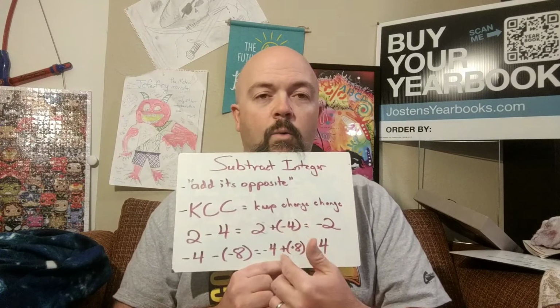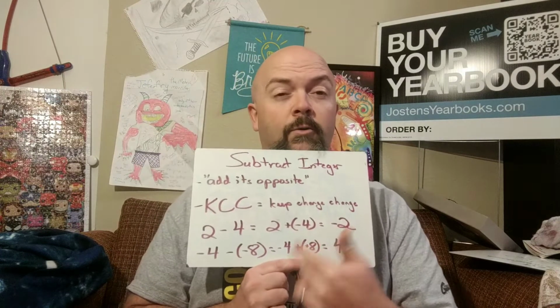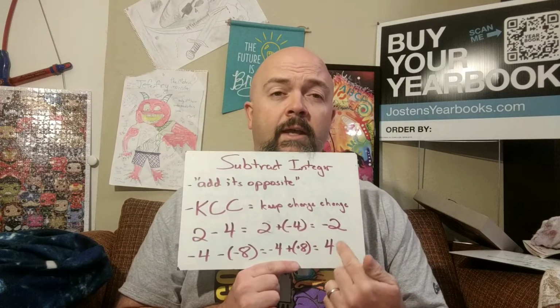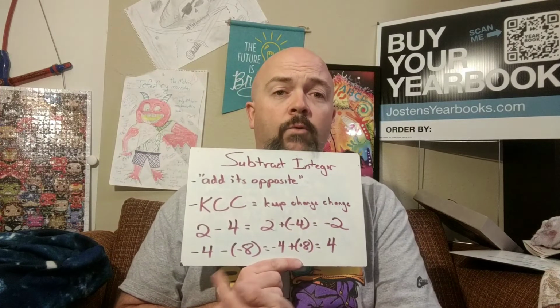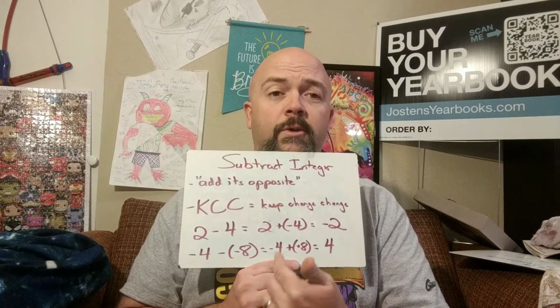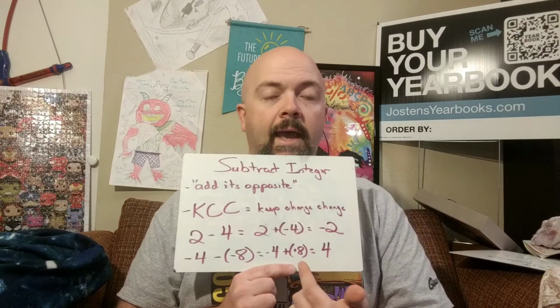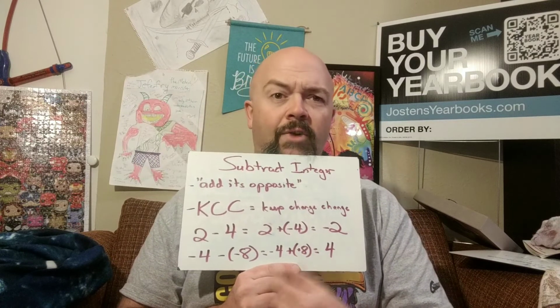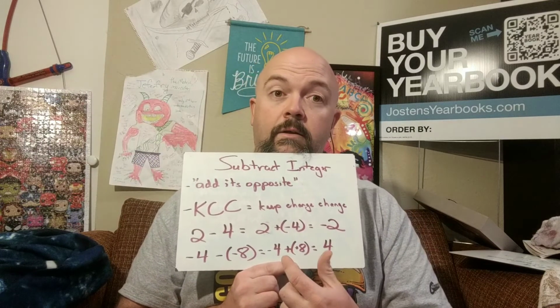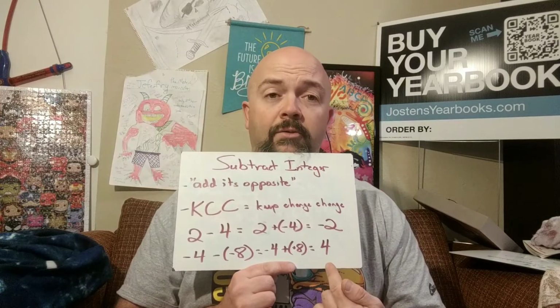And then there, we're dealing with an addition problem with different signs, so we subtract, keep the sign of the greater magnitude, giving us that -2 answer. A -4 minus -8, again, KCC, keep, change, change, becomes -4 plus +8. Again, we're back to the addition rules. The signs are different, subtract, keep the larger magnitude sign, which is a positive, giving us a +4.